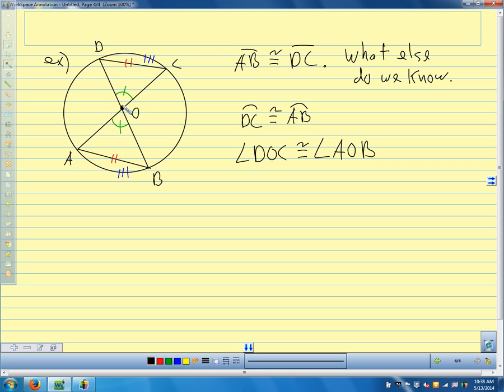So we could say segment OD, segment OC, segment OA, segment OB. They're all radii. They're all congruent. I'm not going to write them all out, but we know that all radii are congruent. So from the picture we can figure out that all of those segments are congruent. A lot of information in this one picture.